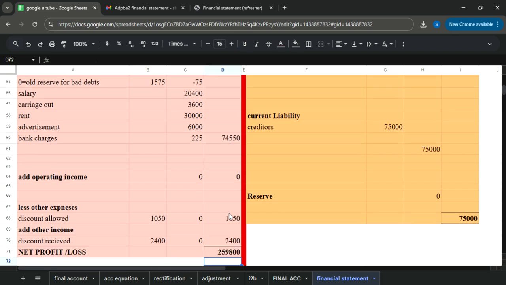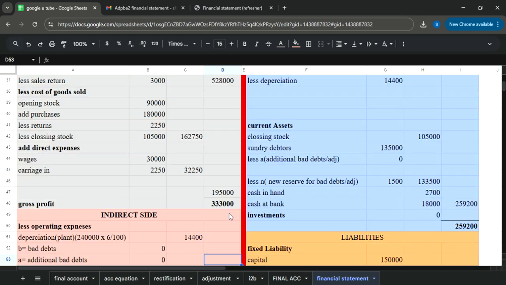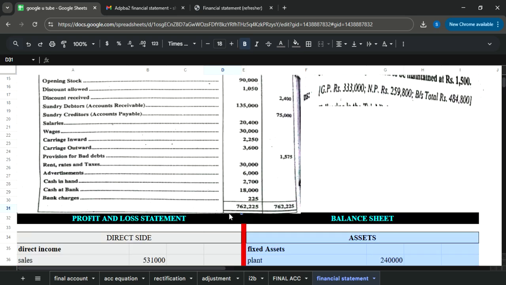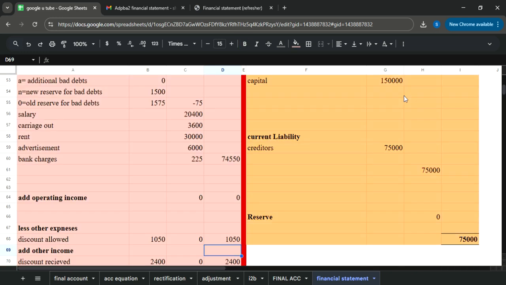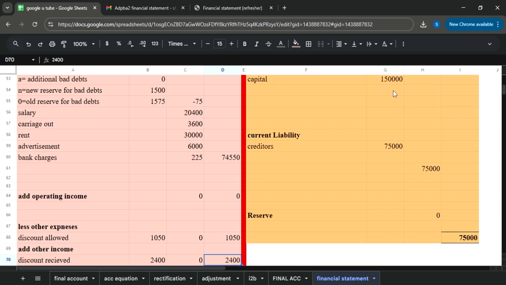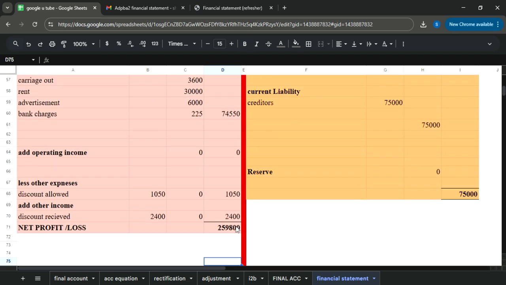So this is finally the complete calculation. And look at here, net profit is 259800, and we have got our net profit as 259800.